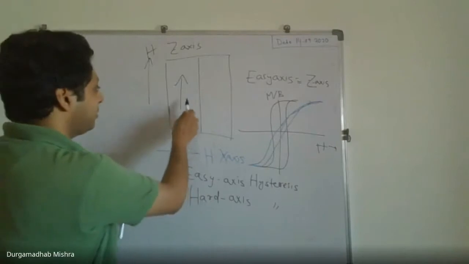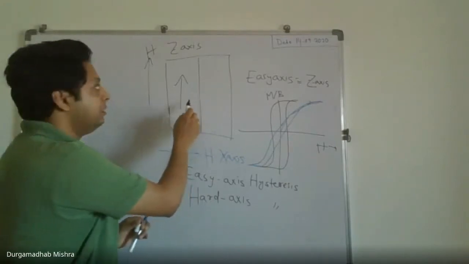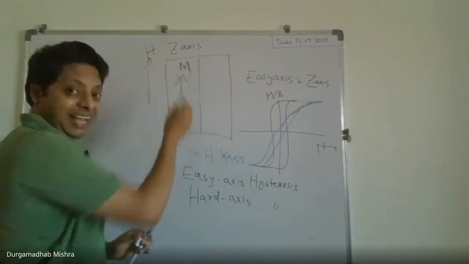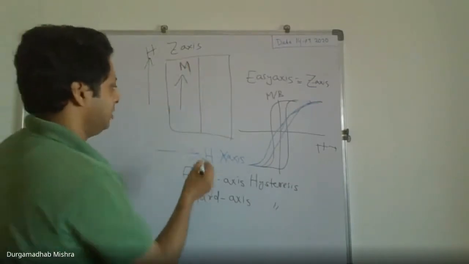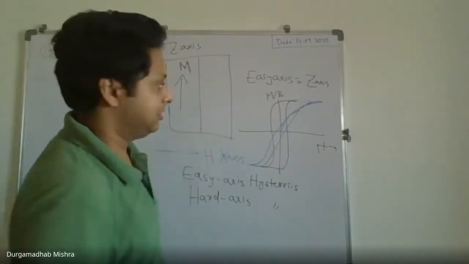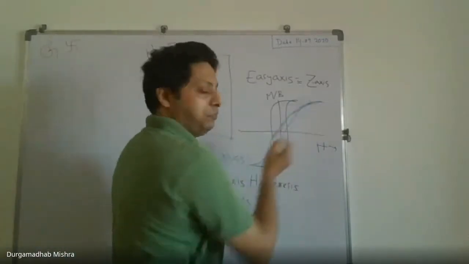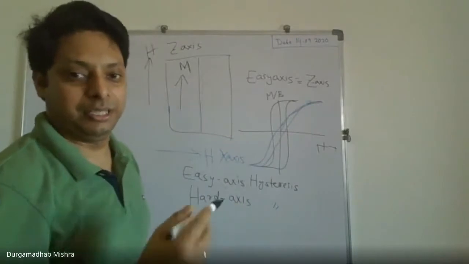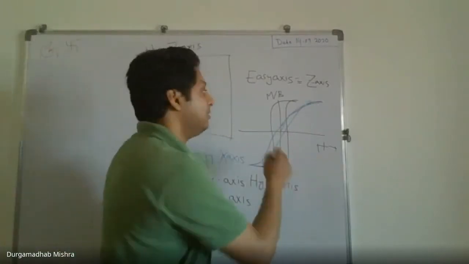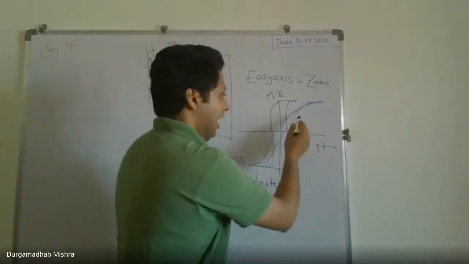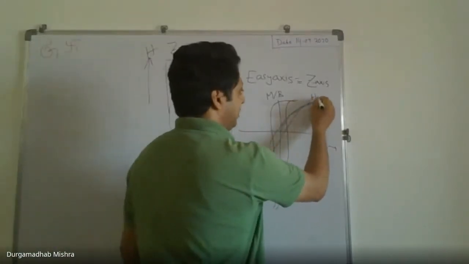So in this case, magnetization M prefers to lie along your Z axis, which is your easy axis, but it does not like the X axis, and that's why it is very difficult to magnetize, and even easy to demagnetize, but very difficult to magnetize along this hard axis. So this is your hard axis.